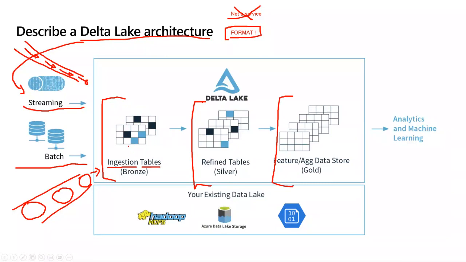They are just raw data without any specific organization, any specific way of putting that data. They are just raw data over there, and no transformations, nothing has been done on that data. So that's why it's bronze, the first one.